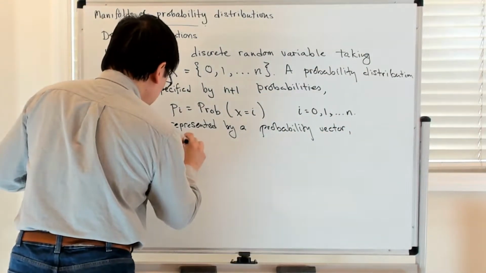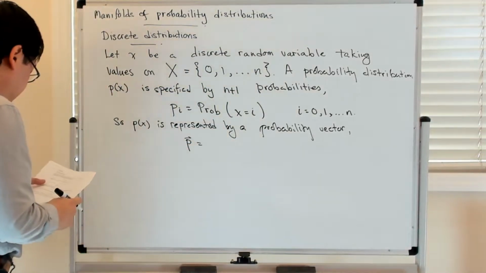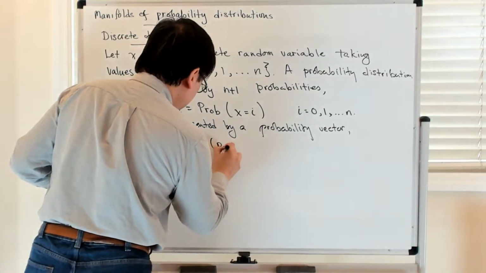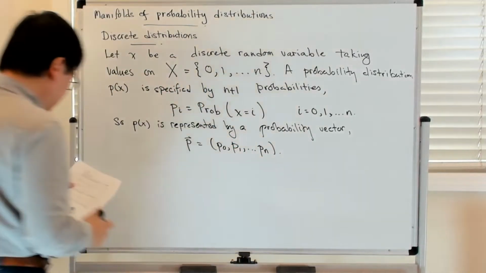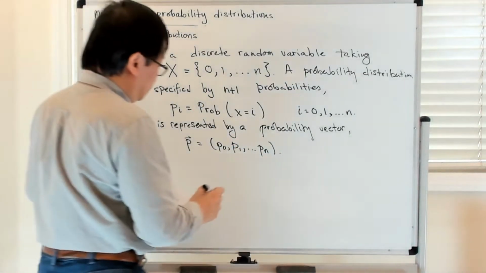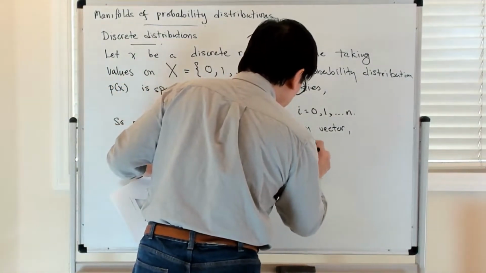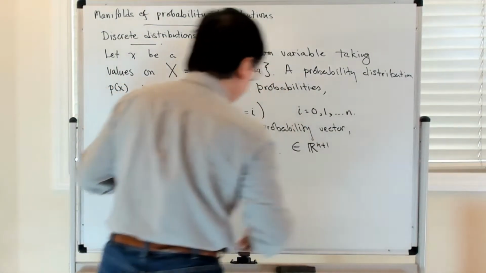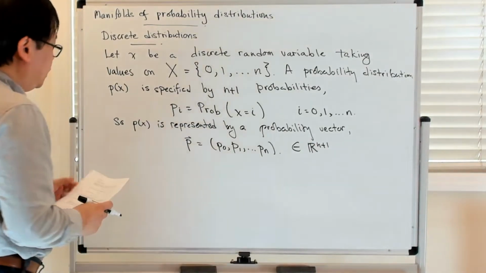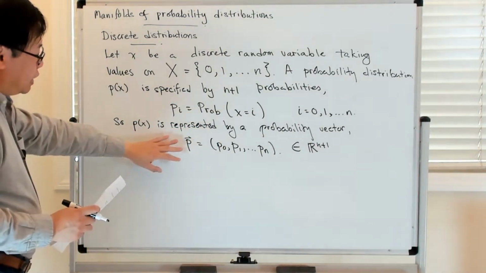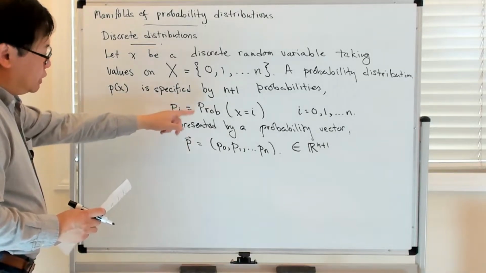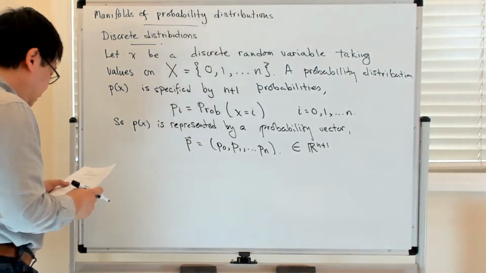So let's write this as P, and this is just P0, P1, all the way up to Pn. This is in R^(n+1), if you will. Okay, but it's not all of R^(n+1) because there are some constraints on these probabilities.